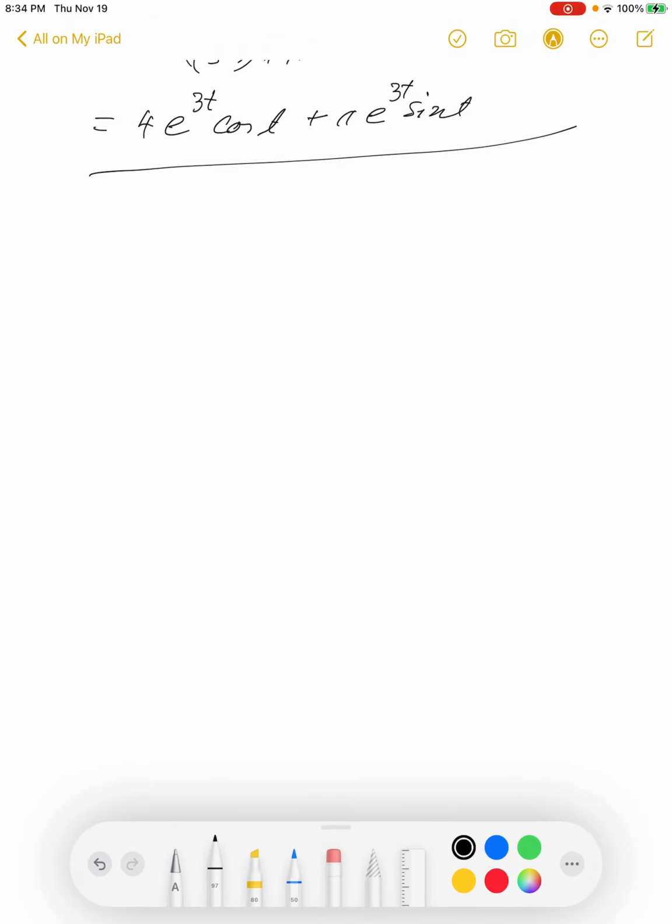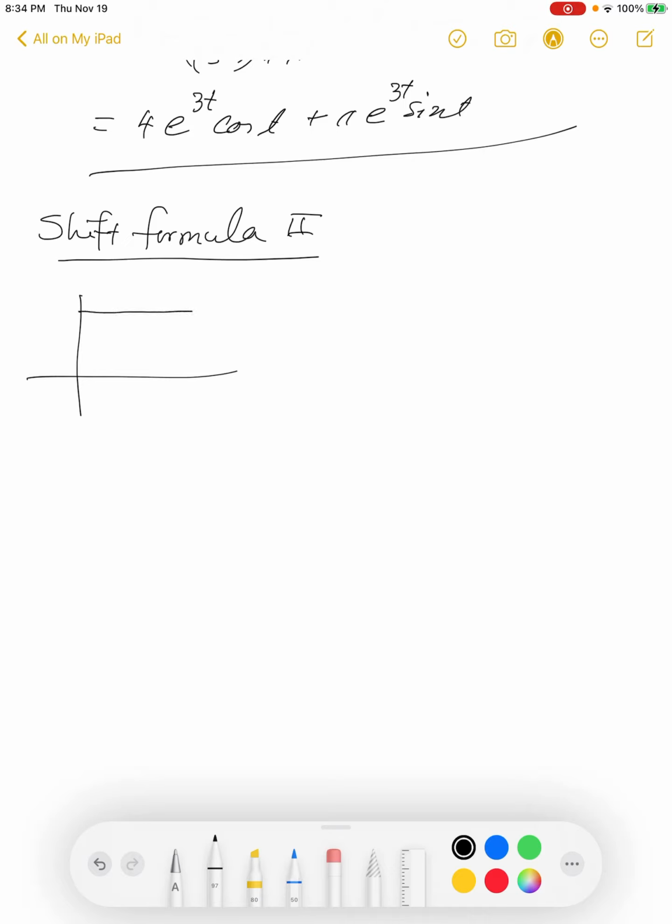So now I will talk about shift formula 2. First of all, I will define a function u sub a, for a positive.